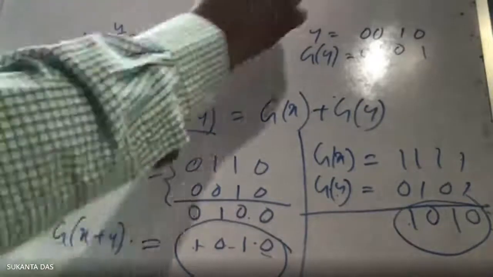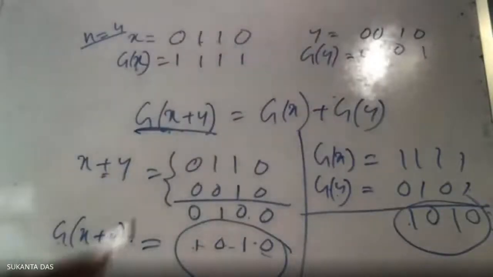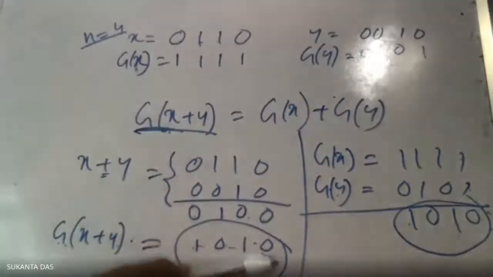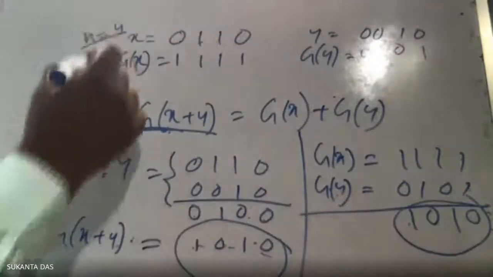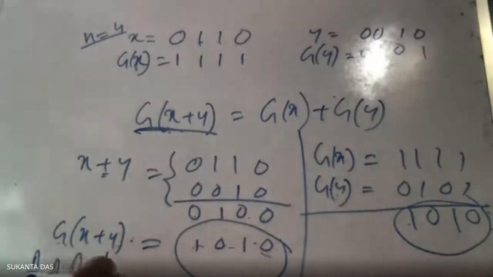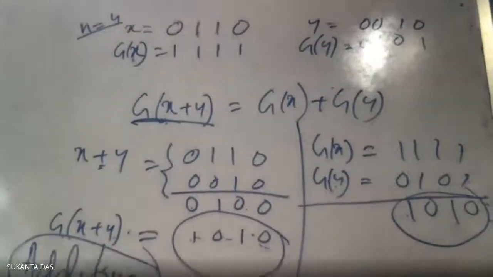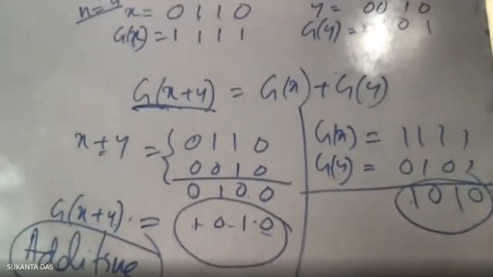I have given one example; you test arbitrary x and arbitrary y, and you will always find this property satisfied. So it shows it is additive. Additivity is the first condition, but not the only one.